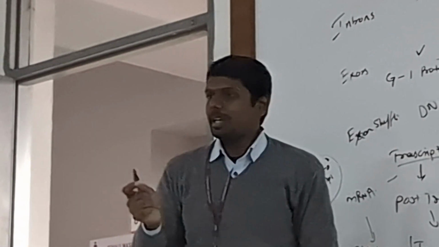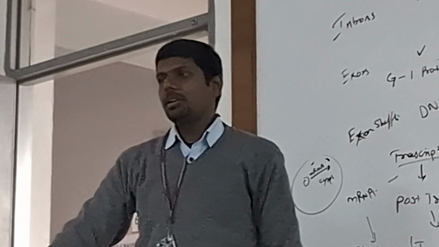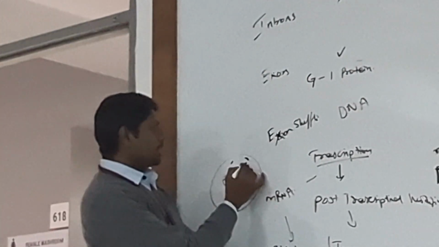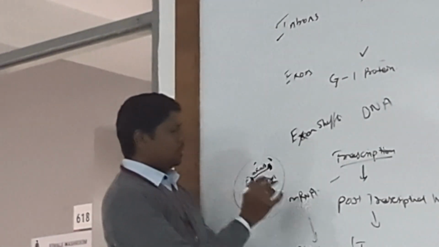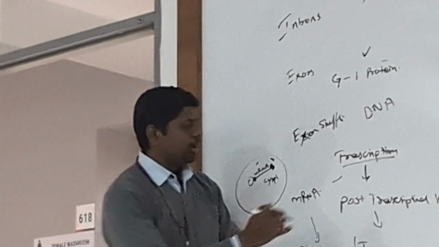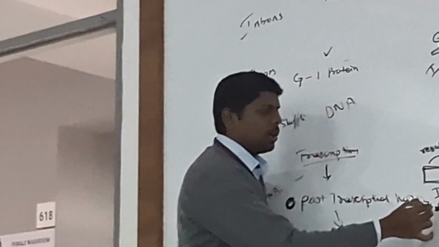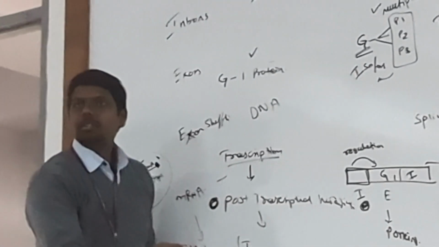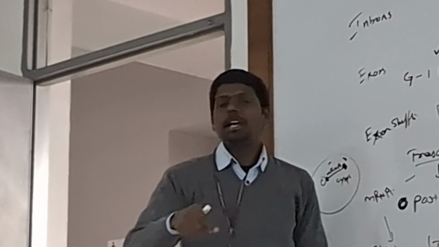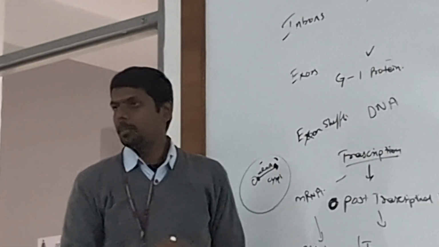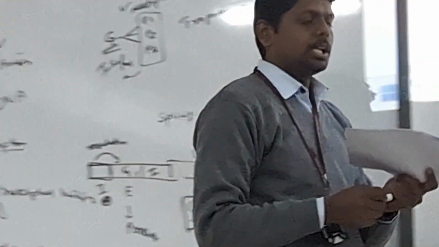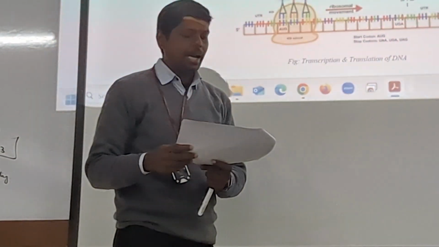How to protect mRNA during its journey towards the cytoplasm? So what we did was, we do post-transcriptional modification to the mRNA. We are trying to protect the ends of the mRNA. By protecting it, we are able to maintain the stability of the mRNA on its journey towards the ribosome. Okay. So such activity is called post-transcriptional modification.